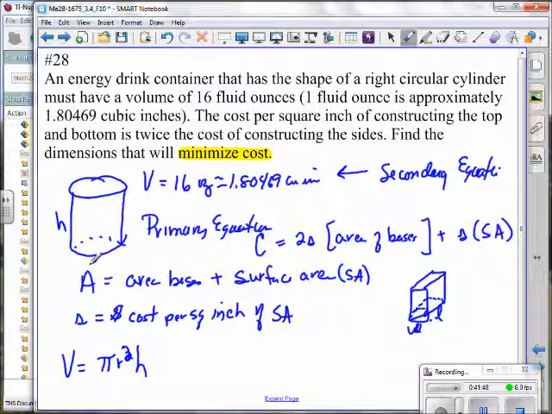Same thing, right? Volume is the area of the base times the height. So it makes sense that it would be pi r squared h then. Okay, so we've got that. And so volume is pi r squared h.